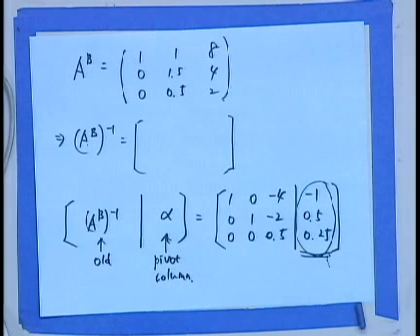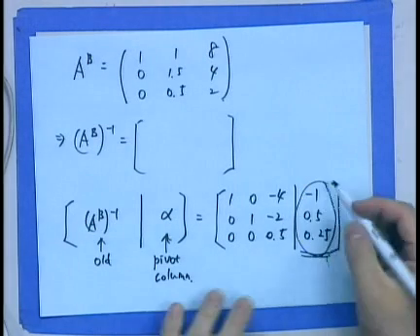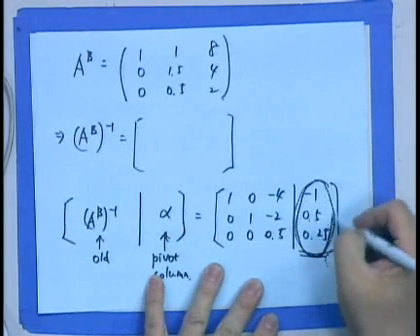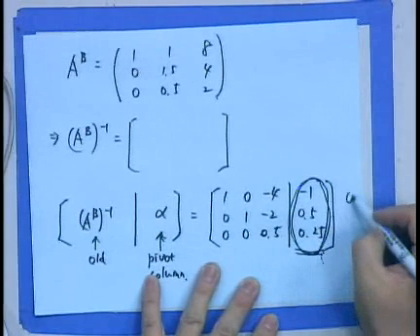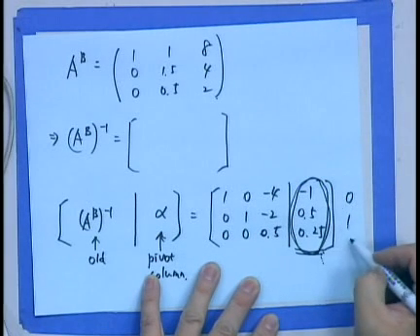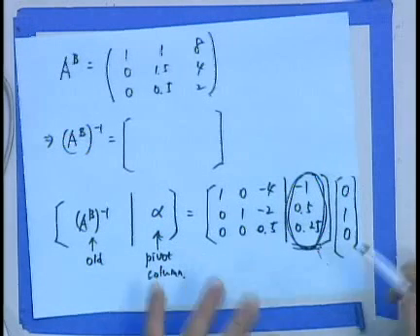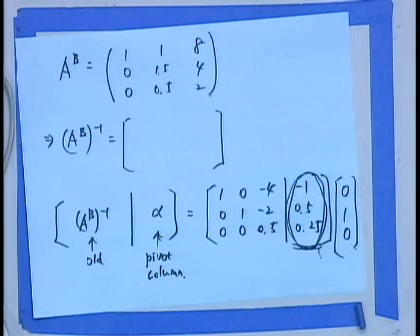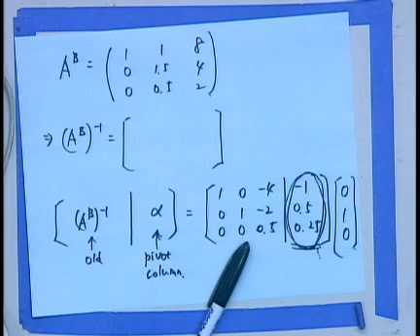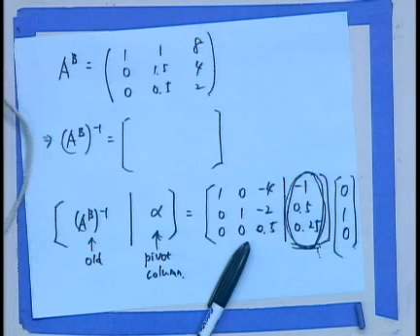And using elementary row operations, we can make this part 0, 1, 0, right? Using Excel, this can be done so easily.